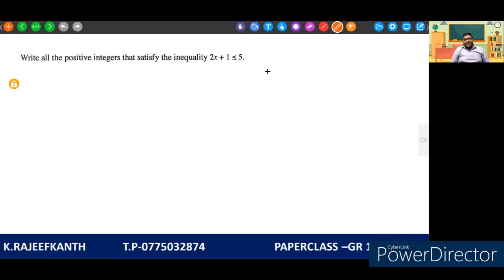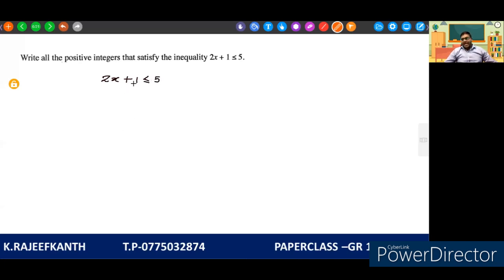Here this is the inequality 2x plus 1 less than or equal to 5.